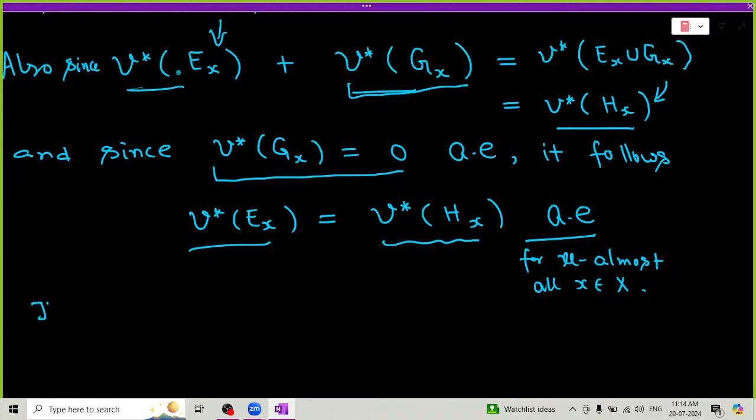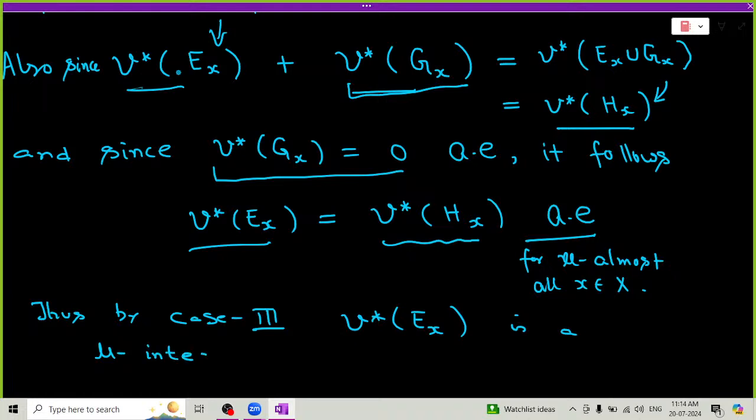Thus by case 3, nu star E sub x, because it's equal AE to an integrable function, so it must be itself integrable, is a mu integrable function. ये establish हो गई integrability.